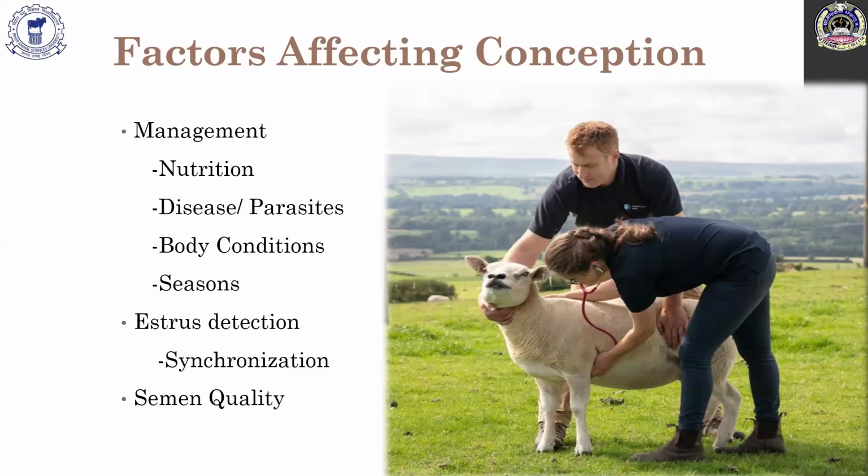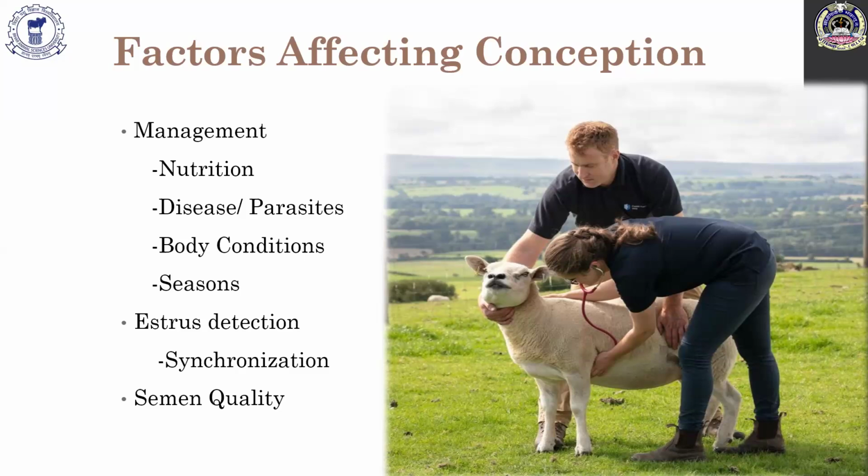First and foremost is the managemental aspect. If you do not manage your animal very well, ultimately the conception of the female will be hampered and the fertility rate will decline. In management, one must introduce a proper ration to the female. Flushing should be done, like proper feeding, and giving less pasture before parturition for a certain period of gestation is mandatory.